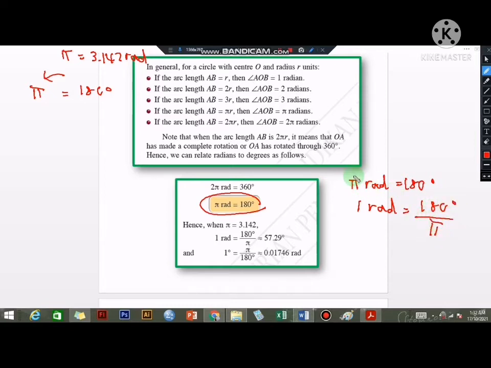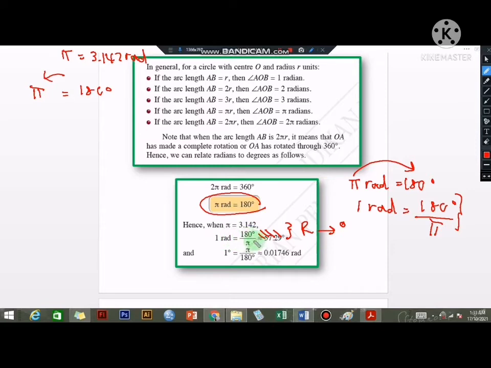You bring pi to the right, then you will get this. So 1 radian is equal to 180 degree over pi. If you want to convert from radian to degree, this is the formula. This one just ignore. You just need to look at this one.